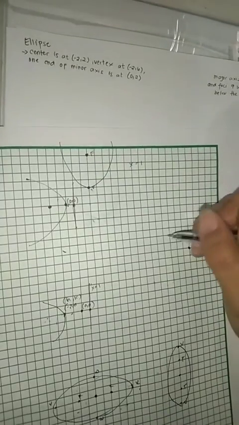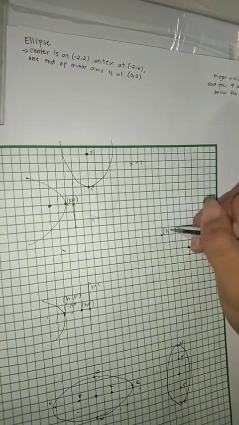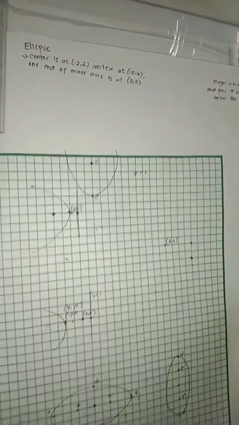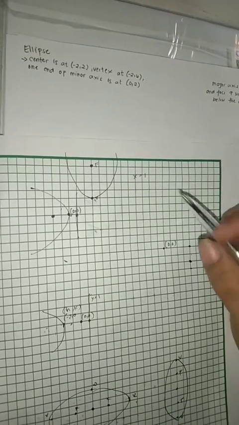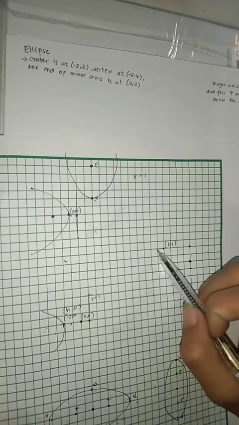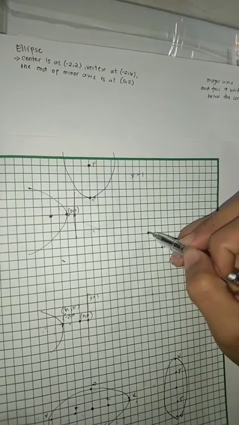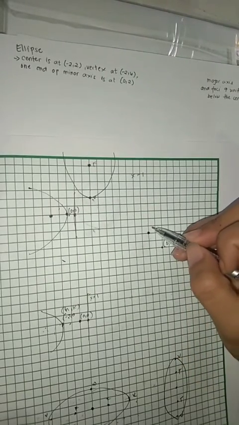So right here, we are to give the standard form of the ellipse with center at -2, 2. Origin. Ayan. Tipid ako sa graphing paper, guys, ha. Our center is at -2, 2. This is the center.